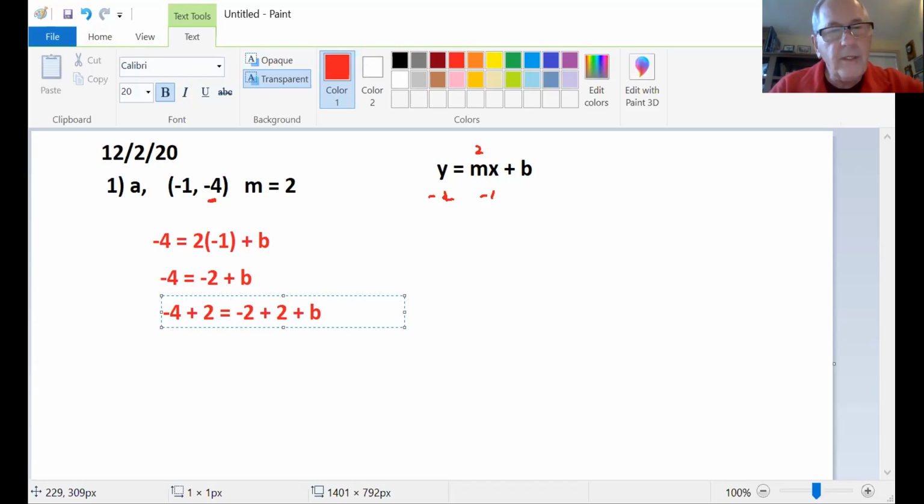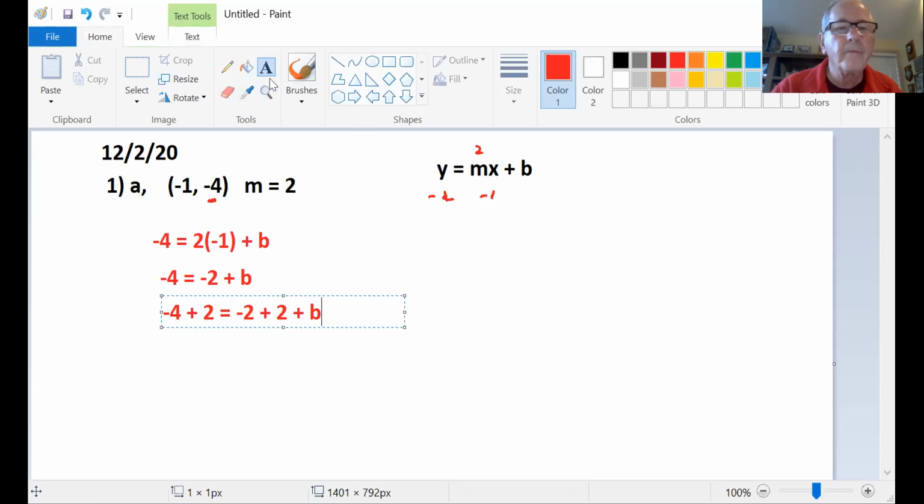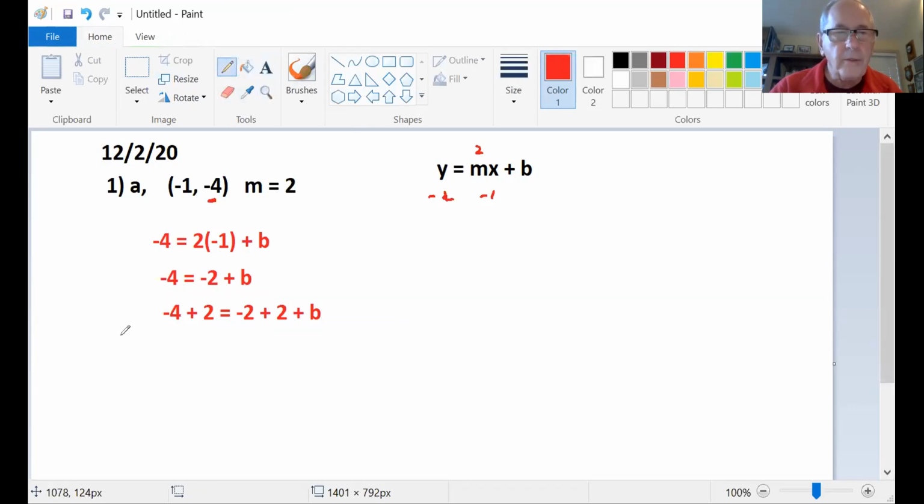By doing that, and I'm going back to annotating now, these cancel out. This becomes 0. That's why we added 2 to both sides. The left-hand side is going to be -2, and we've got b over here. So b is equal to -2.